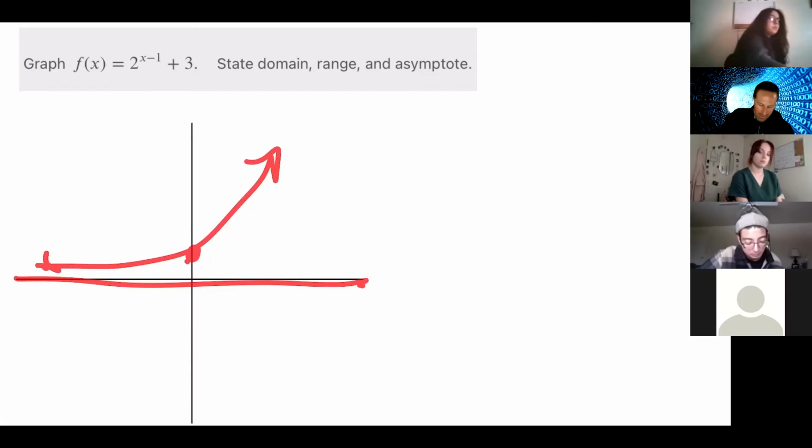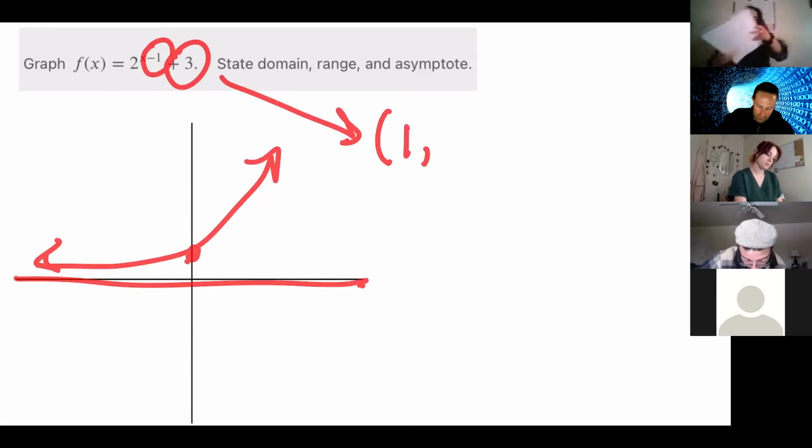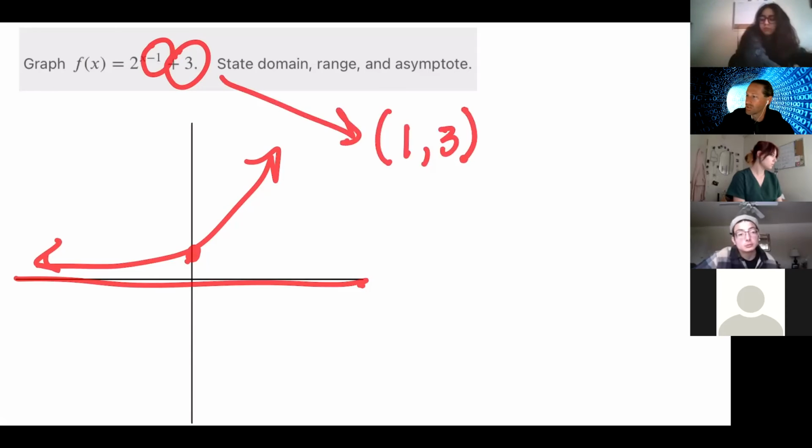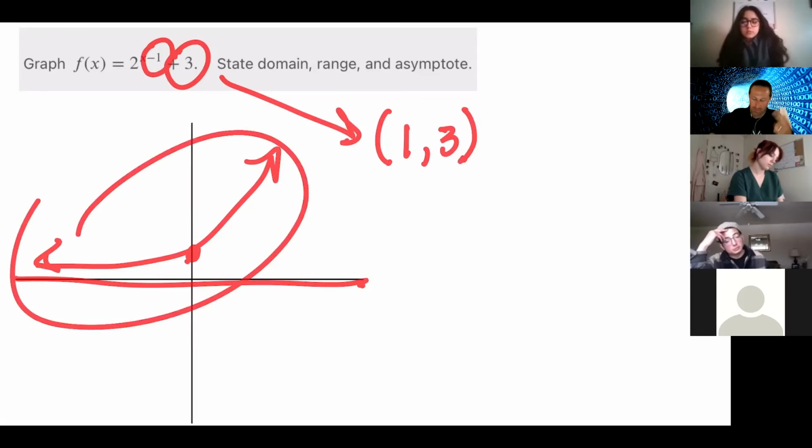And increasing, we're going to take that and shift it what? Right 1, up 3. Beautiful. What are we going to shift right 1 up 3? The asymptote. Everything. Very good. And we're going to start with the asymptote and then take that 0.01 and then we'll just redraw this.